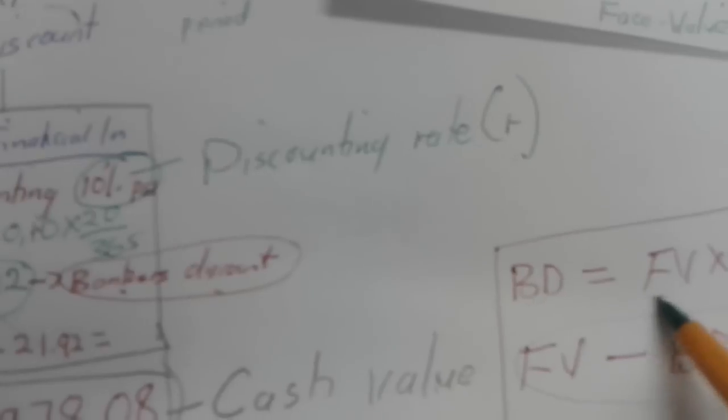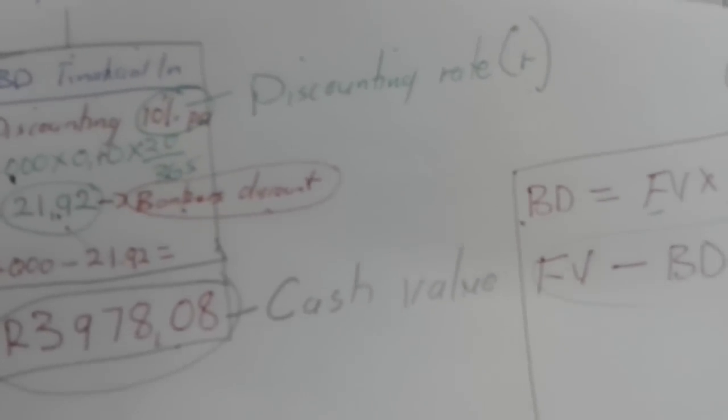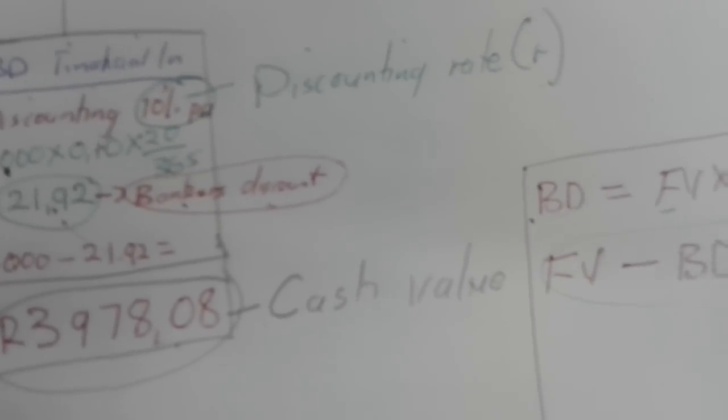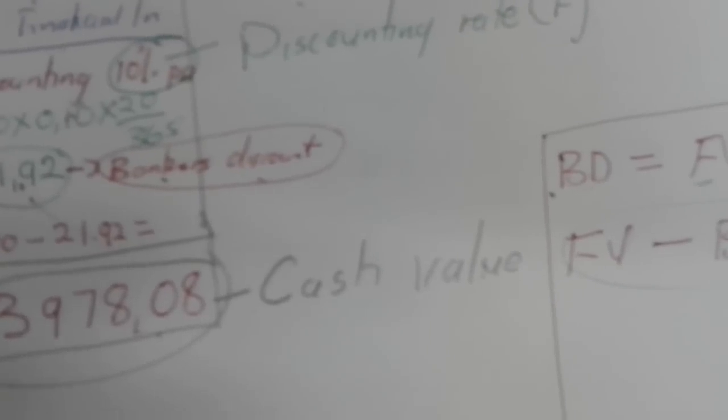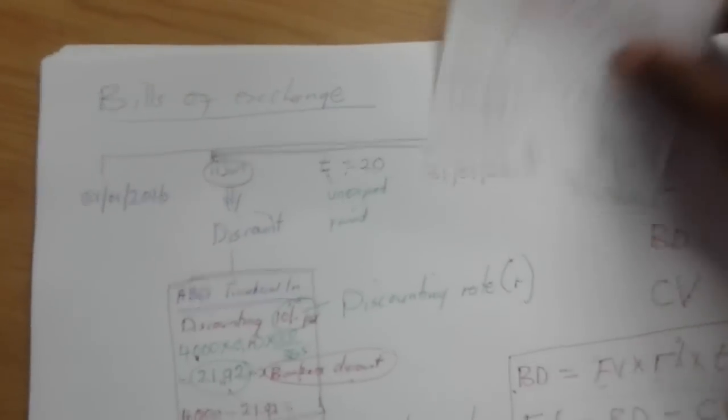You can make FV, R or T the subject, the same way I explained under simple interest. So I'm not going to waste time going there, but remember that if you are given FV and CV, you can always get your BD. So basically, this is everything on bills.